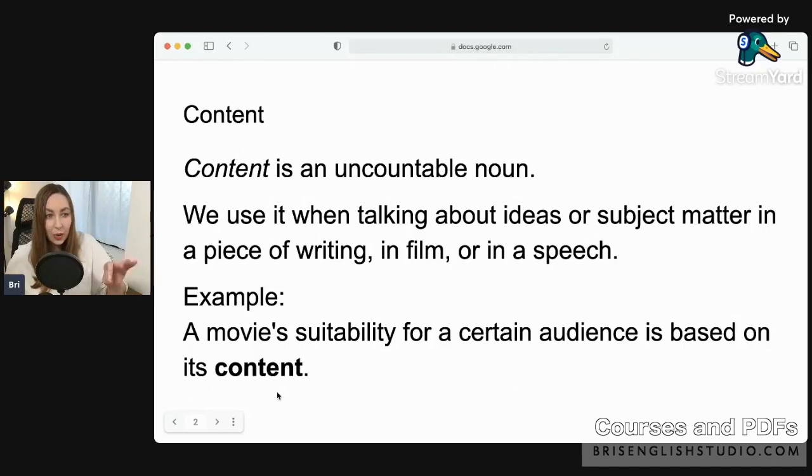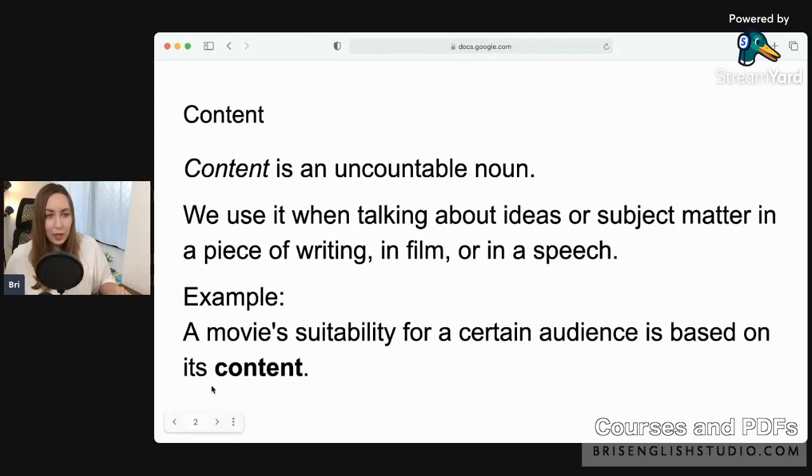So what is inside of the movie? Is it a children's movie? If it's a children's movie, the content might be kid-friendly. Maybe it talks about learning a lesson, or it has things that kids would enjoy, a superhero, okay?